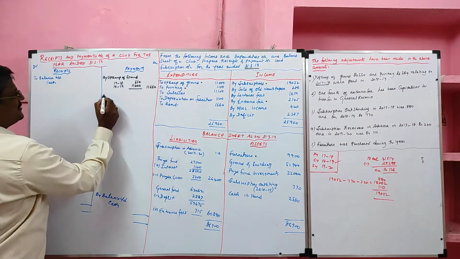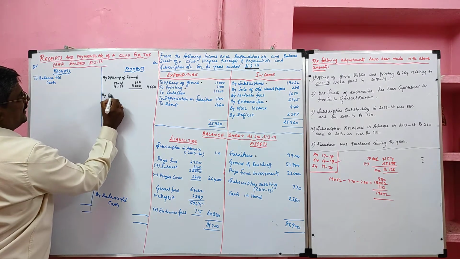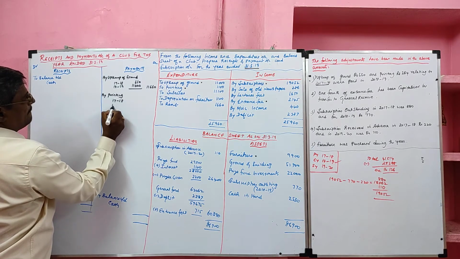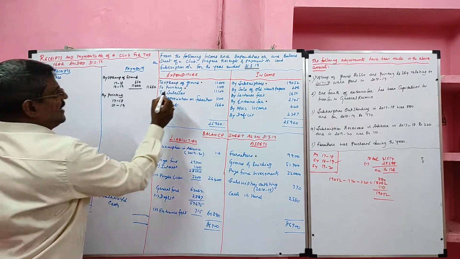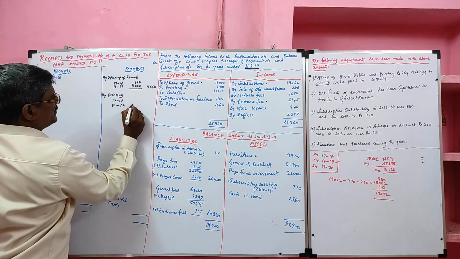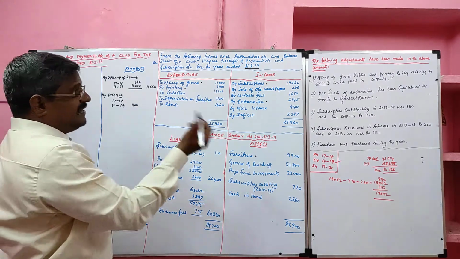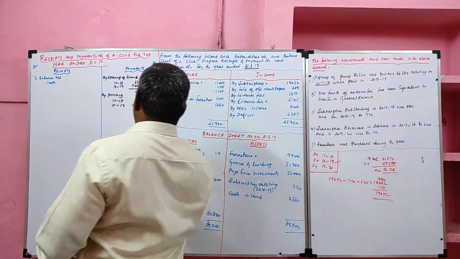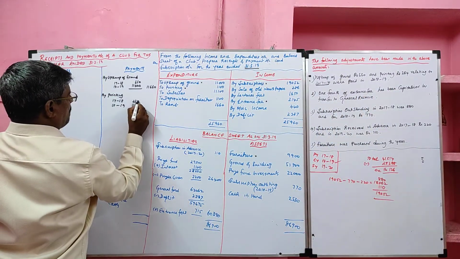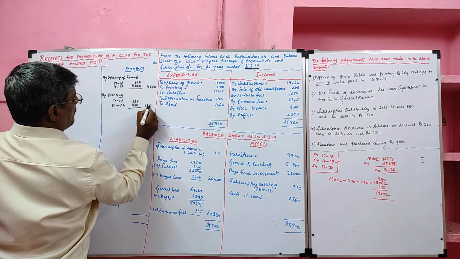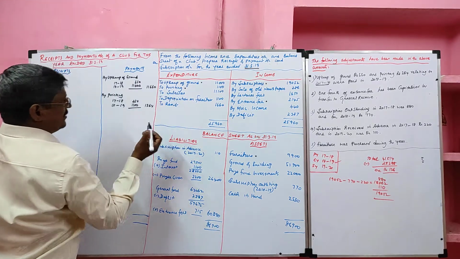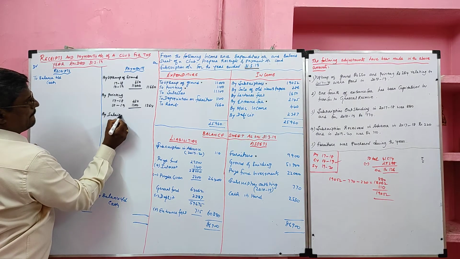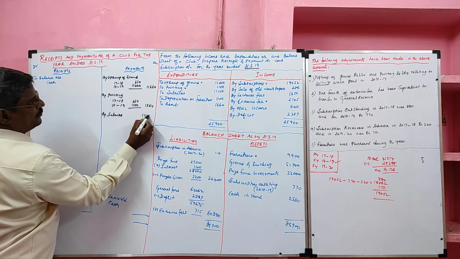Likewise second one, by printing. Current year printing we paid 1,100. Previous year printing we paid how much? 264. Then salary, for that no adjustment, we can write the same value.